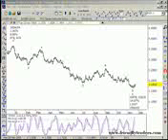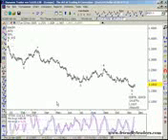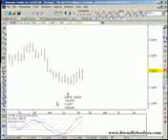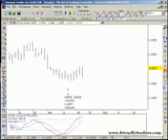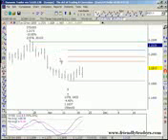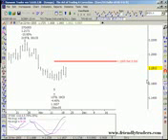A good place to exit, or at least implement an exit strategy for the first unit of a 3-unit long position, would be the 50% retracement of this October to November decline. The 50% retracement is the minimum price target for a corrective rally to the October to November decline.